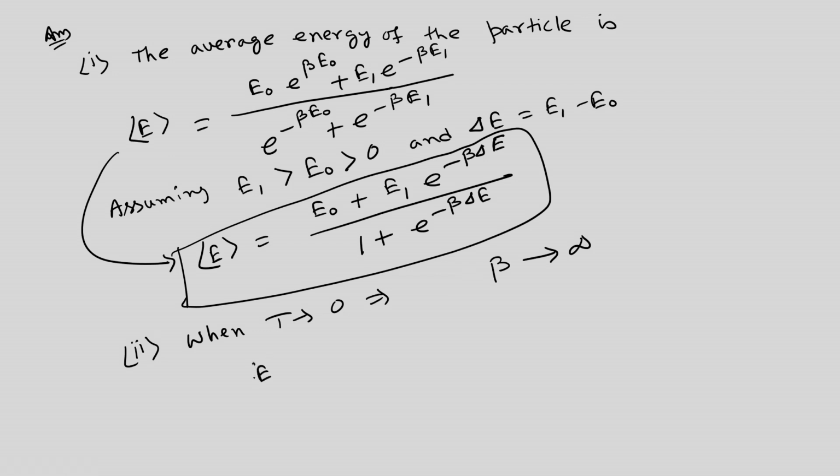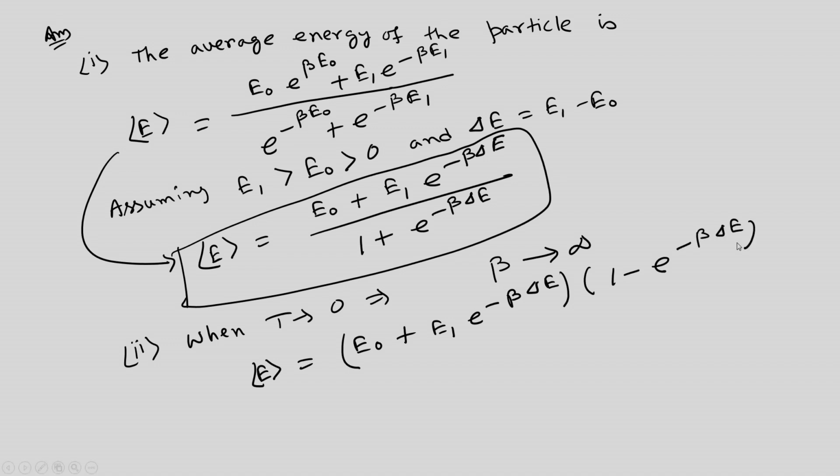So, average energy E bar equals E0 plus delta E e to the minus beta delta E times 1 minus e to the minus beta delta E. Okay.